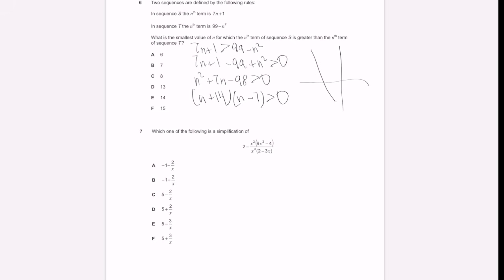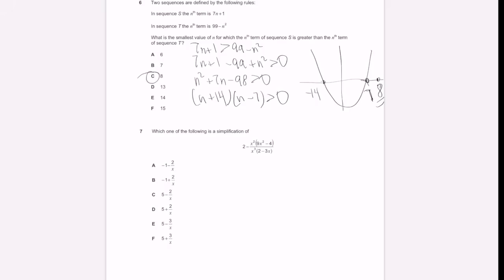Okay, well, this quadratic is going to have roots at negative 14, and also at plus 7, but it needs to be greater than, not equal to, so we can't use 7, and then our answers need to be distinct positive integers. So 8 is going to be the next one, which actually works. The correct answer is C.